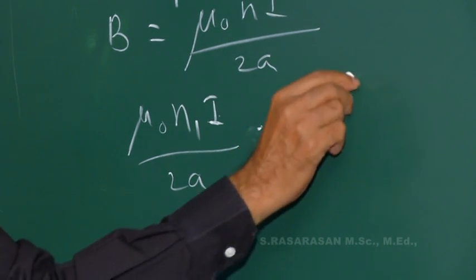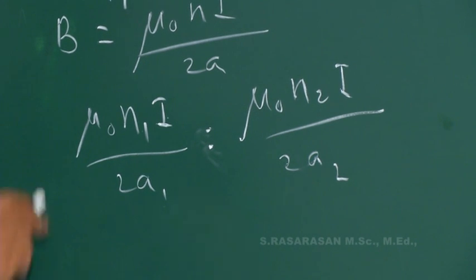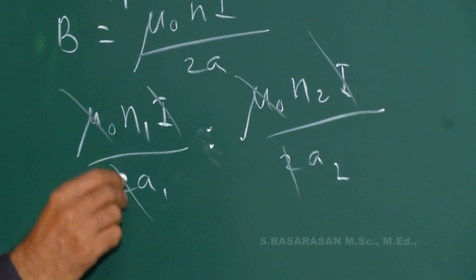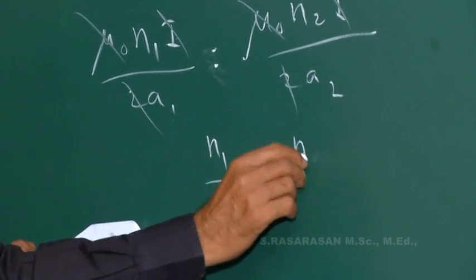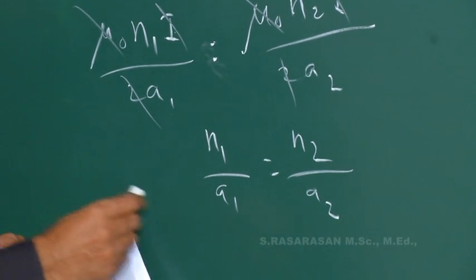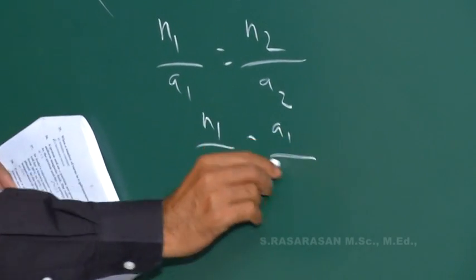B2 is mu naught N2 I by 2A2. So mu naught cancels, I cancels, 2 cancels. So it is N1 by A1 is equal to N2 by A2. What is the ratio of B1 by B2? It is N1 by A1 divided by N2 by A2.